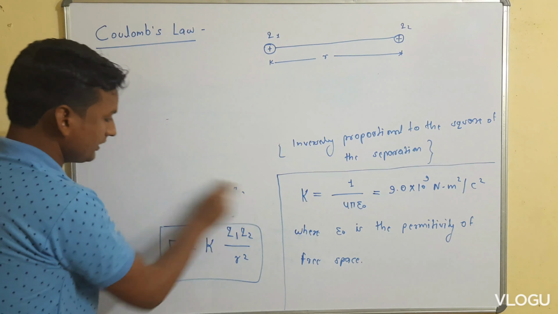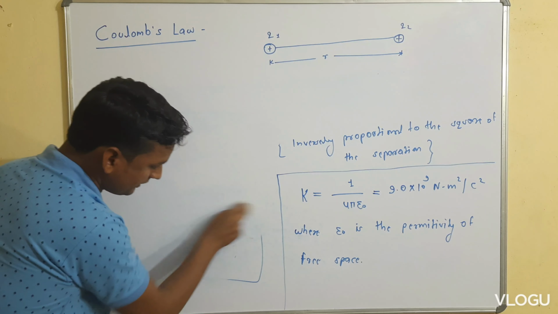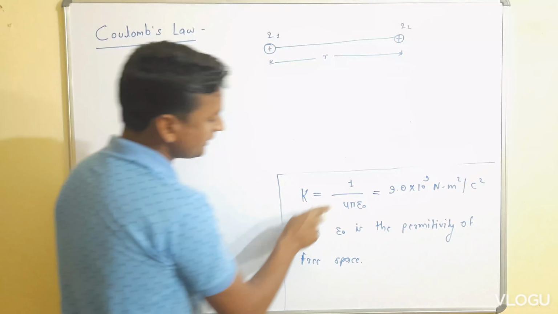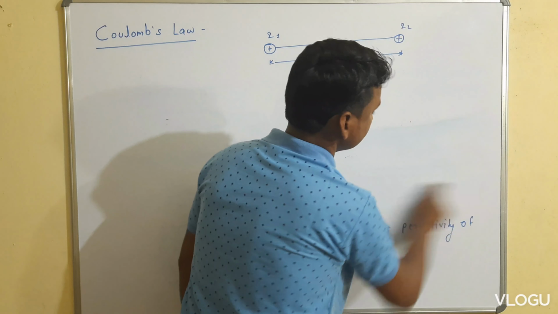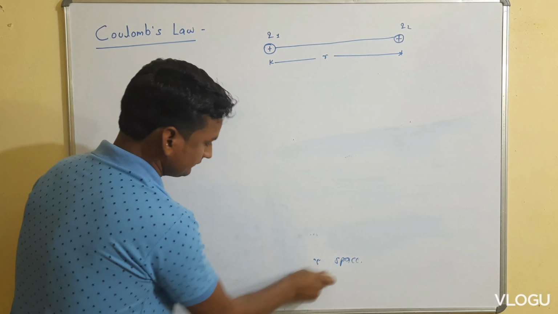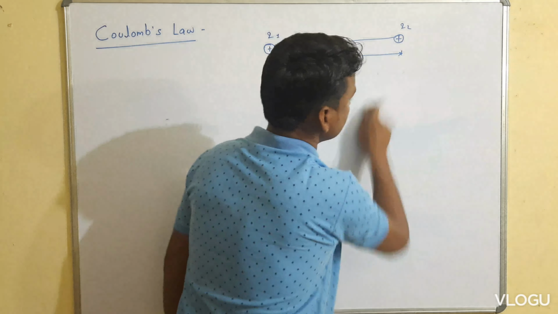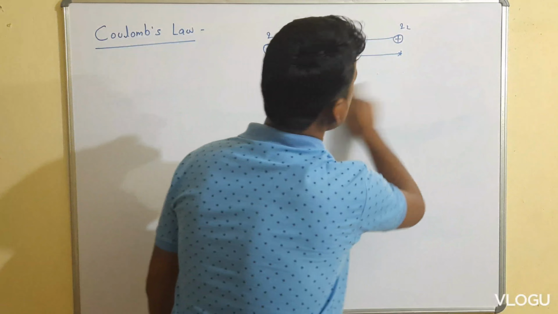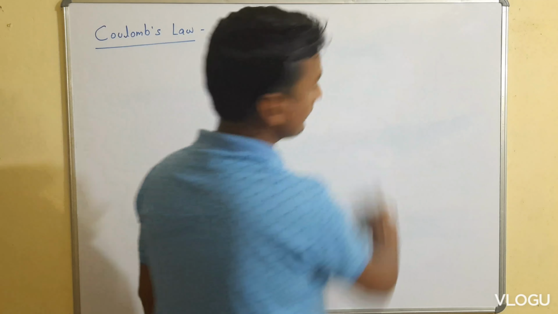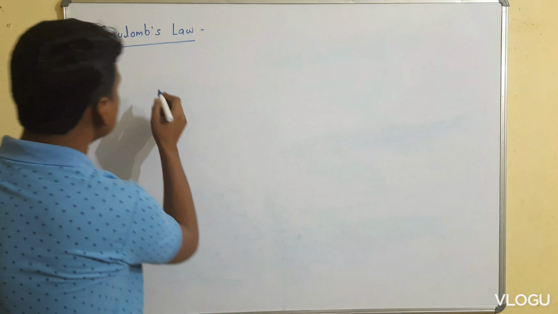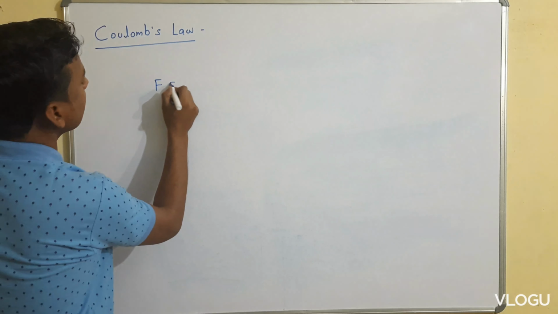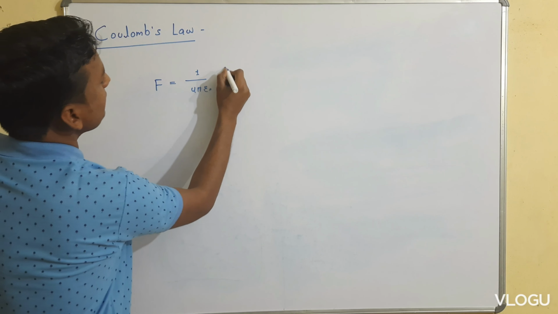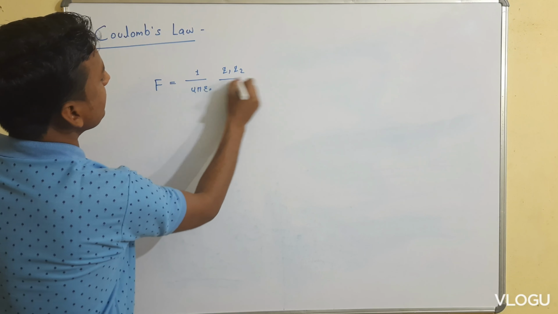You need to note all these points which I have mentioned here. After replacing K is equal to 1 by 4 pi epsilon naught, we get F is equal to 1 by 4 pi epsilon naught multiplied with Q1 Q2 divided by R square.